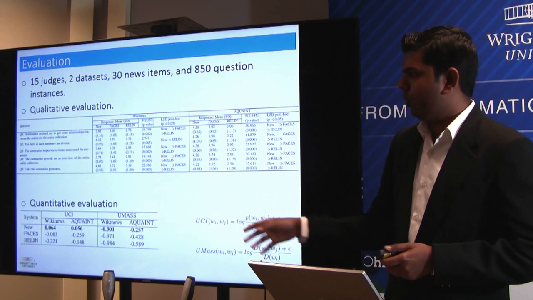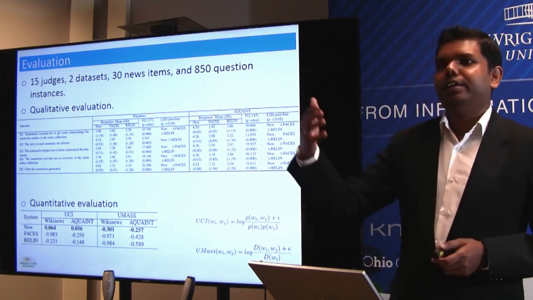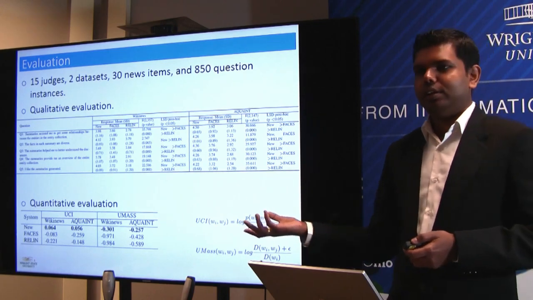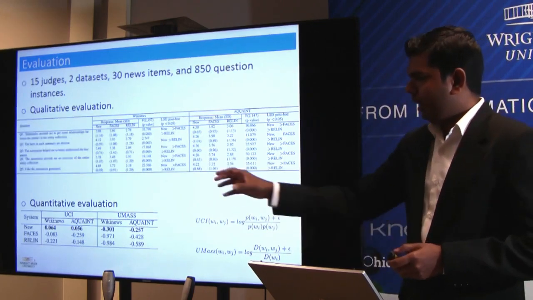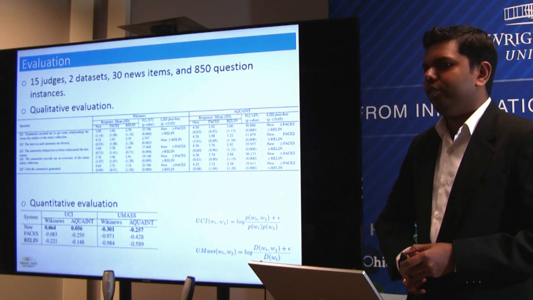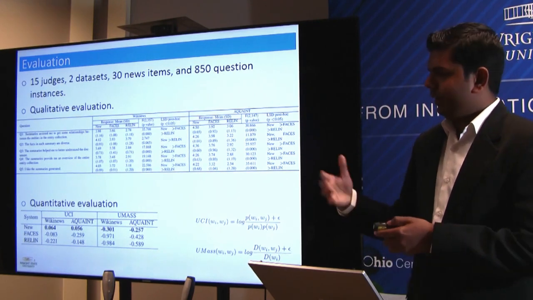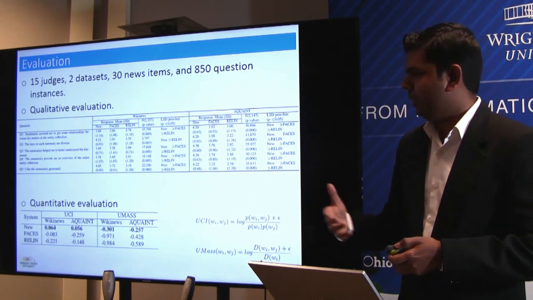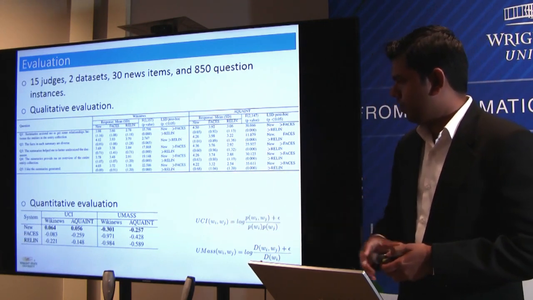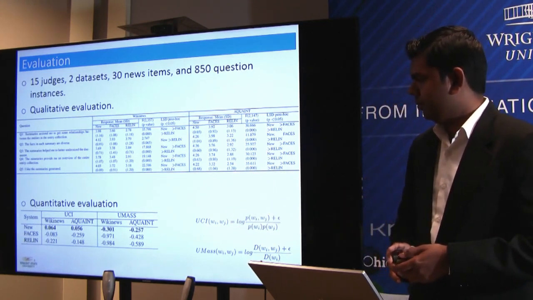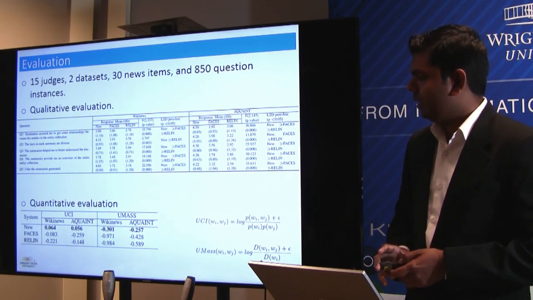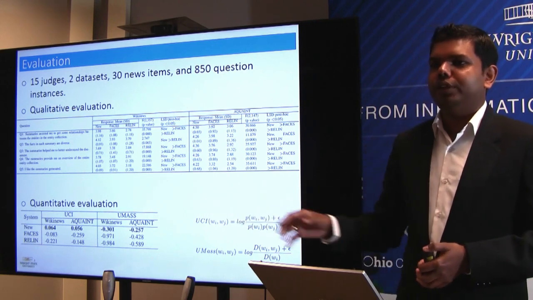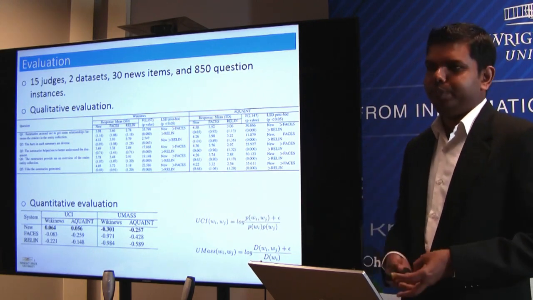We also try to do a quantitative evaluation, which means taking an independent knowledge source. Here we took Wikipedia, and in the quantitative evaluation, we were measuring how related the facts are that we select for each entity summary, and we used two measures, UCI and UMass, and the idea is the higher the value for those indices, the better the system.